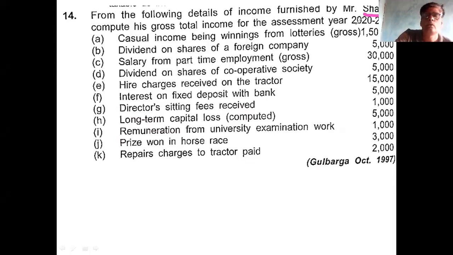Here also they have to calculate gross total income. So first is casual income being winning from lottery.